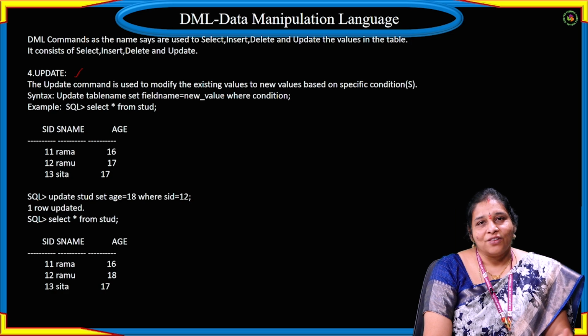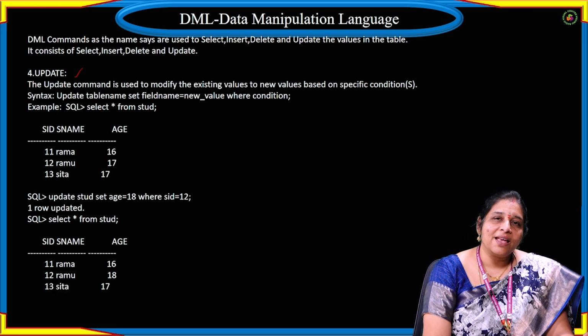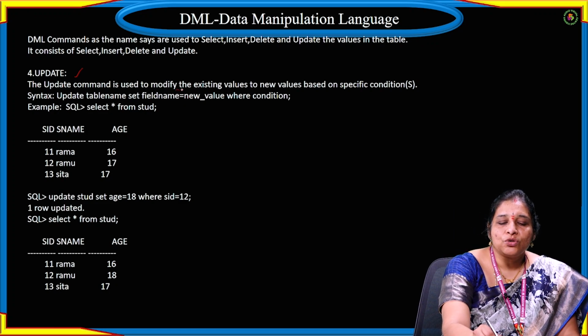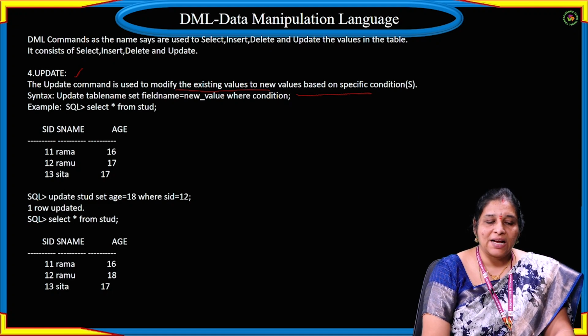In that case, we need to once again update that particular student's marks. In that case, I can do that using the update command. So the update command is used to modify the existing values to new values based on some specific conditions.